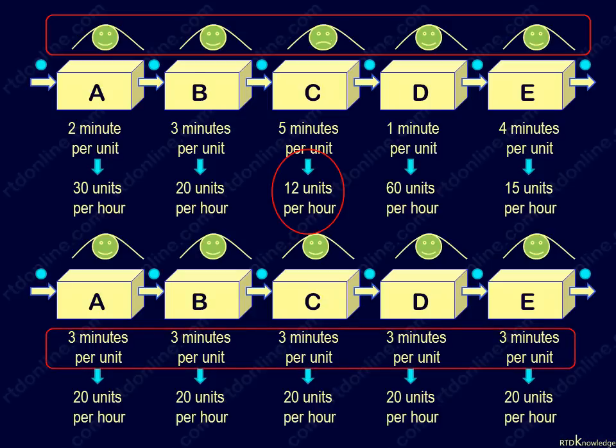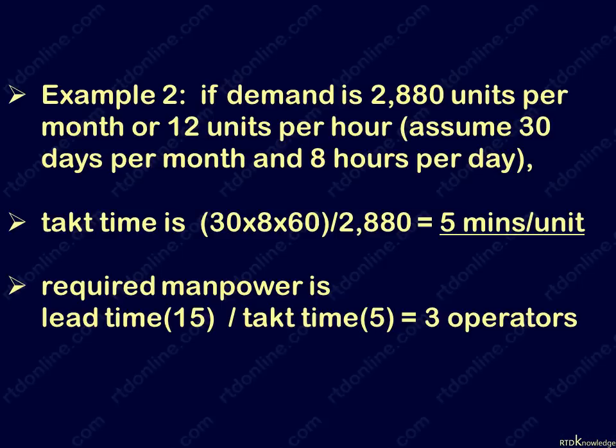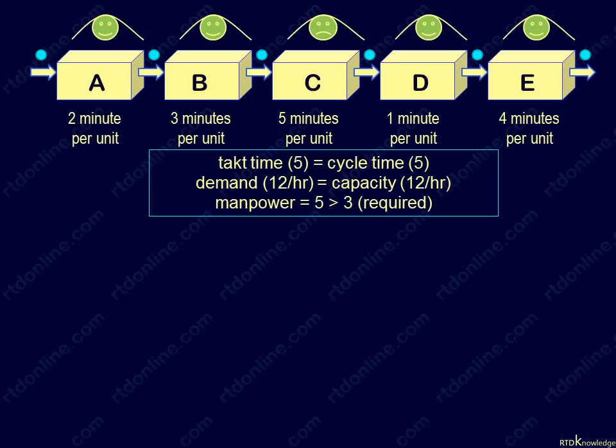Let's take another case. Suppose demand is only 2,880 per month or 12 per hour. Our takt time becomes 5 minutes. Since our lead time is 15, then the required manpower is 3. Let's now try to meet this takt time with our process.